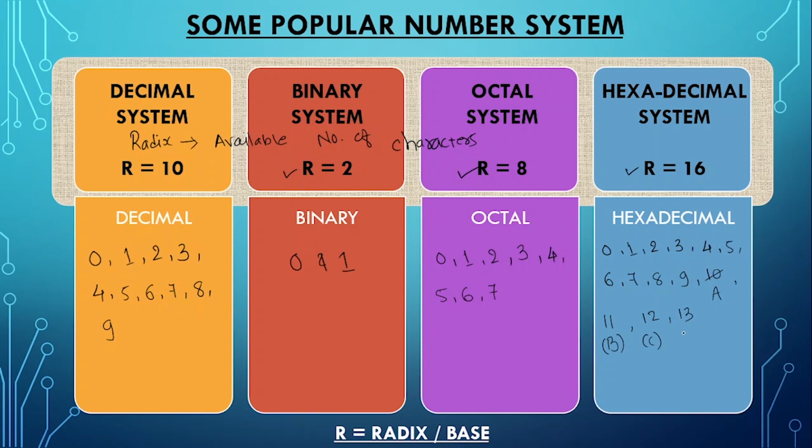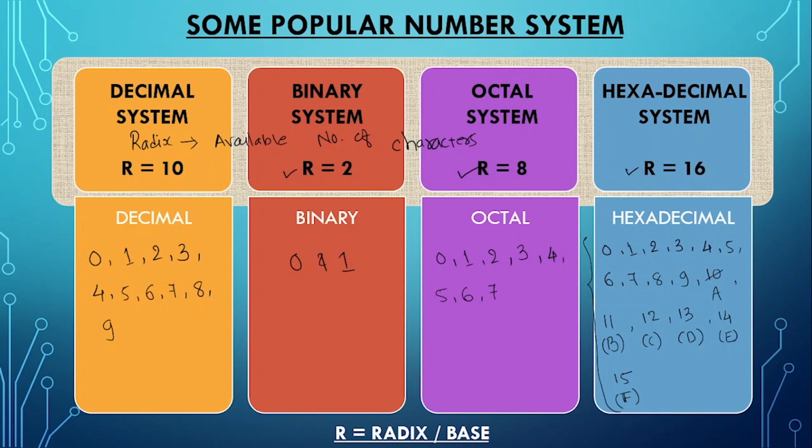In place of 1 3 we are going to use D. In place of 1 4 we are going to use capital E, and in place of 1 5, the 15th character of this hexadecimal system will be F. So these are the total 16 characters of the hexadecimal system.